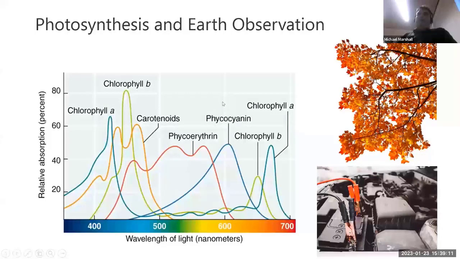The accessory pigments, in addition to increasing the amount of energy that's absorbed by the canopy, also help to dissipate energy when there's too much of it. Think of any of you who've had a dead battery in your car and had to get your car jumped. One of the things they tell you to do is to turn on your lights before you jump the battery.